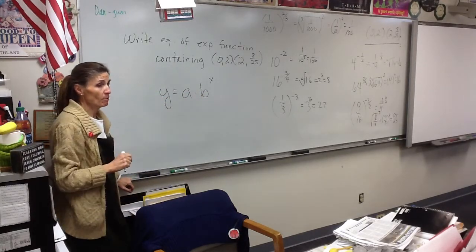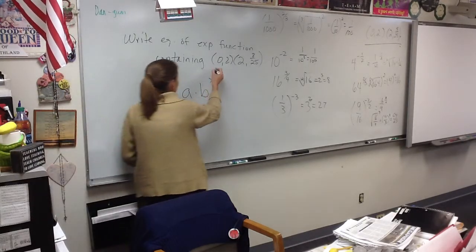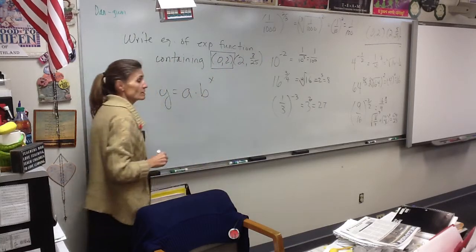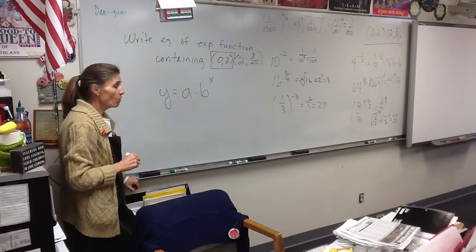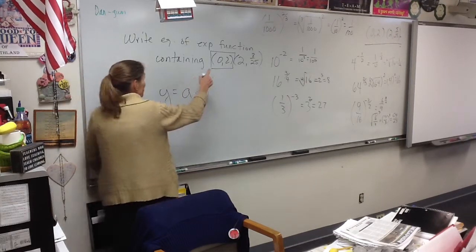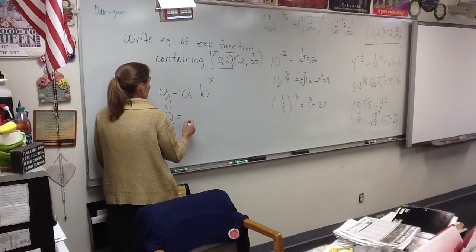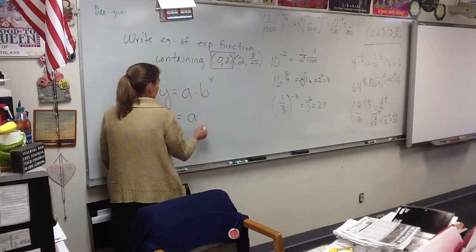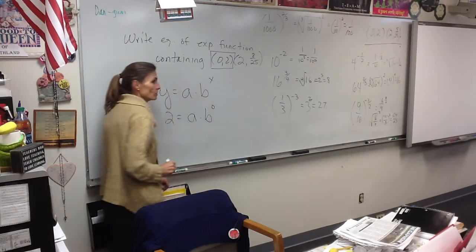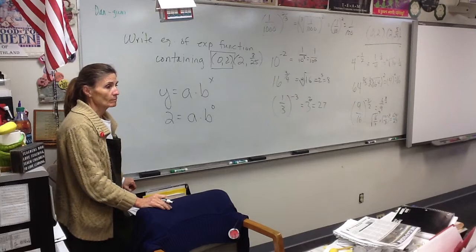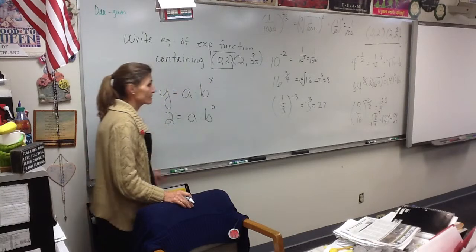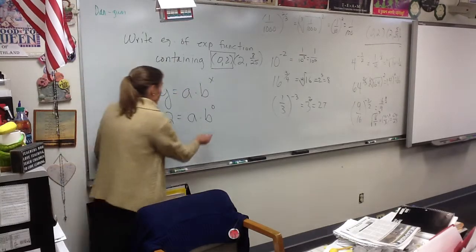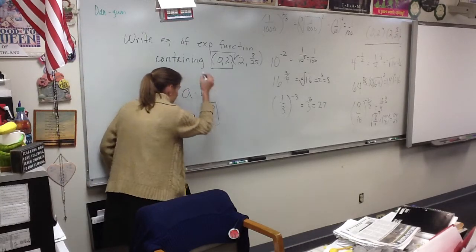It's very simple. Always start with your intercept. You'll see why in a second. But always start with that point and simply plug it in. So 2 equals a times b to the 0. I took that point, put in y, put in x. Now, what about this? Equals 1.